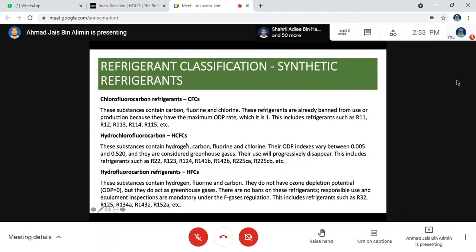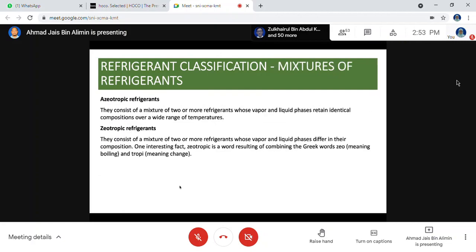That's why HCFCs are considered harmful, because the ozone depletion potential has a value. Yang sebelum ni dia tak ada nilai. ODP nilai dia adalah kosong, tapi untuk yang ni dia ada nilai. Okay, so different types of refrigerant carry different ODP and GWP values. Okay.